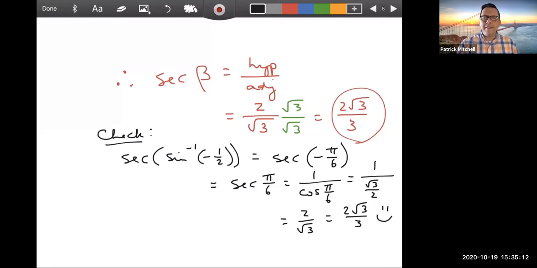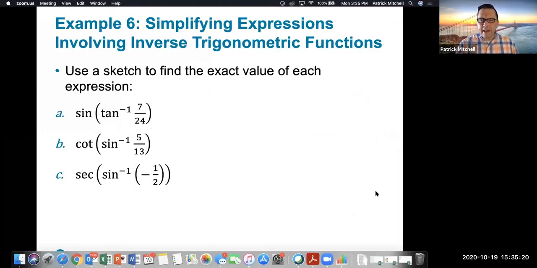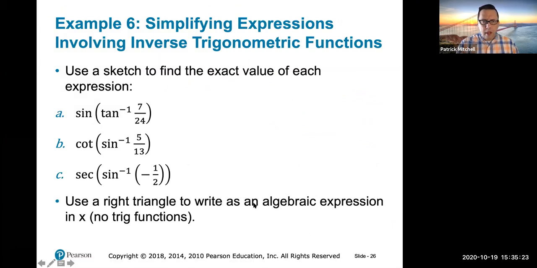All right, so there's only one more problem that I want to show you, and this is a very important one actually for calculus. It comes up mostly, I think, in second semester calculus, and that is a problem like this. So they want us to use a right triangle to write this expression as an algebraic expression in x.